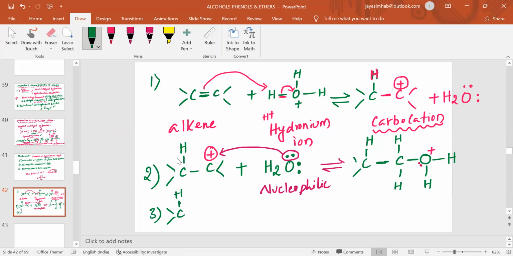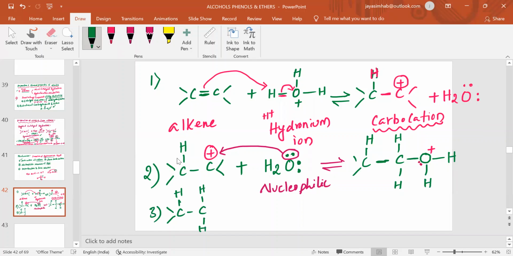CH, so we can write CH2 here like this. Then O plus, H and H, right? So again it will react with a water molecule.